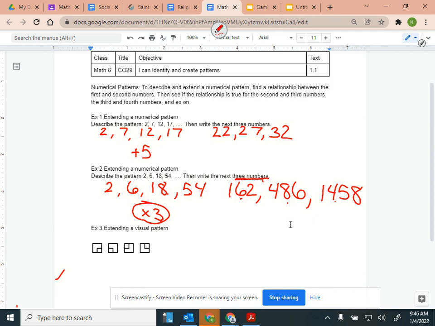Okay, let's look at a visual pattern. This is what you saw in that pre-algebra math packet. Some of us were looking at it. Instead of a numerical pattern, it had a visual pattern to it. So can you say what the next shape would look like? Yes, I can. I get it now. What do you think would be the next shape, Nolan?